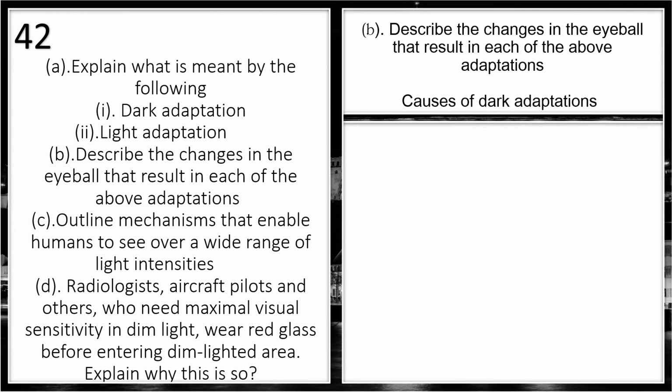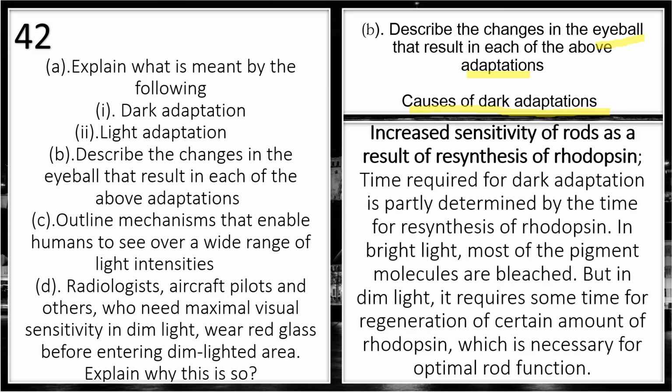Describe the changes in the eyeball that result from the above adaptation. Causes of dark adaptation. Increased sensitivity of rods as a result of resynthesis of rhodopsin.